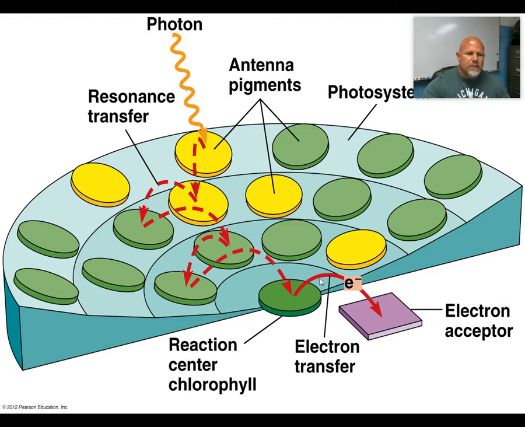All right, so how do we get the actual energy from this process of the light reaction? So photons are going to hit these accessory pigments, pigments that are embedded in the thylakoid membrane, and the energy is going to bounce around from pigment to pigment to pigment until it gets to a reaction center.